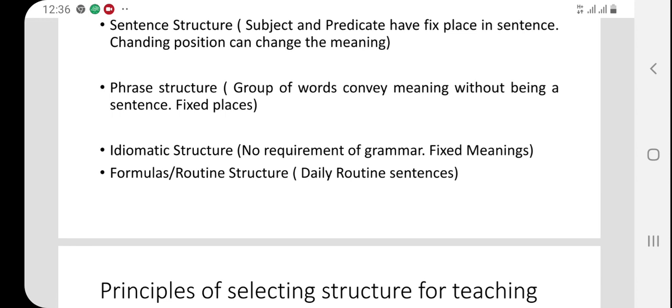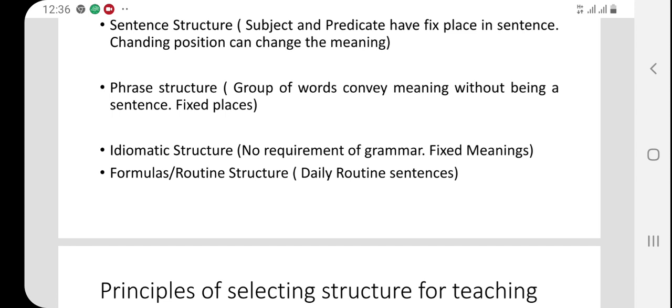There are many hundreds of idiomatic phrases. They convey a proper meaning, but they are not sentences. In the same way as we cannot change the place of the words in phrases, we cannot change the places of the words in an idiom.